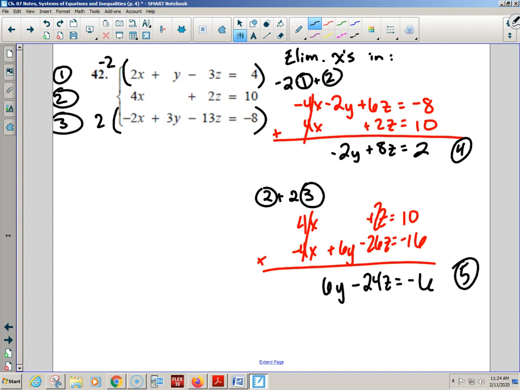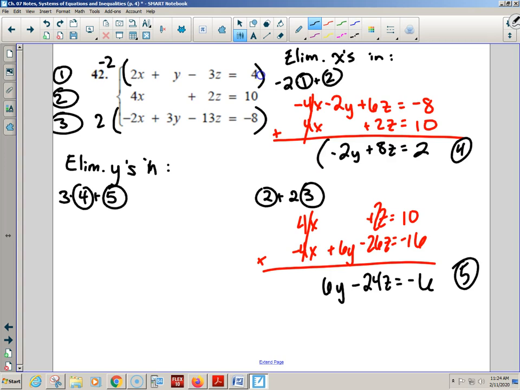What's the system having us do next? Find z by eliminating the y's. Yeah, the y terms, right? In 4, I need to multiply 4 by 3, yeah? 3 times equation 4 plus 5.